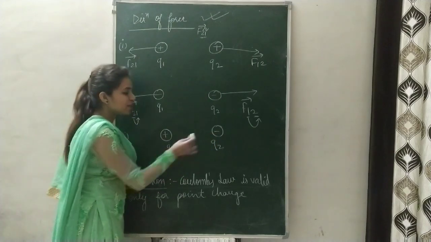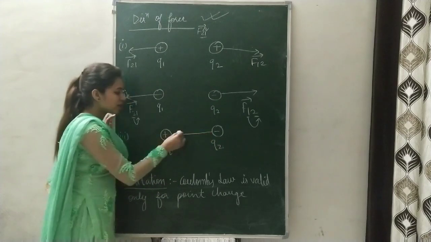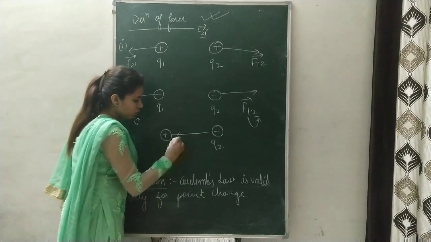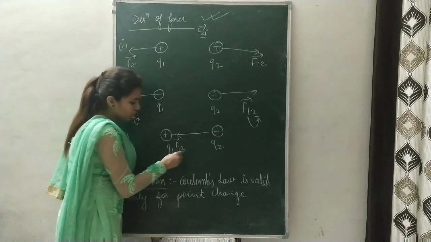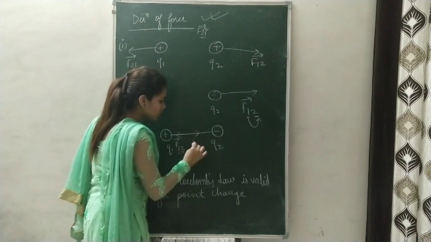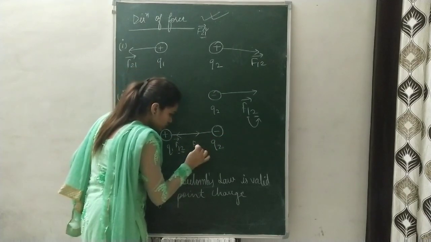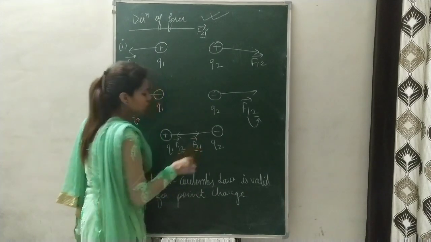First, charge 1 is applying force on 2, that is F12, and it is going to attract it. So this is the direction of F12, force on 2 due to 1. Now 2 is going to attract 1 toward itself, so this is force on 1 due to 2.